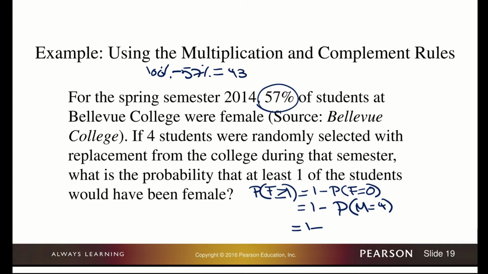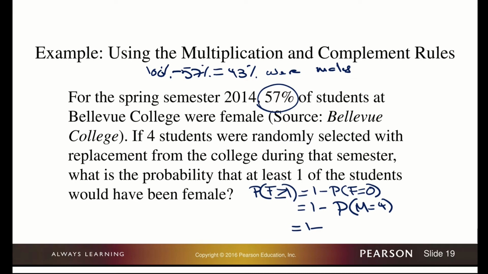This is going to be 43% were males, right? So that means if you randomly pick a student, the probability that the student would be male is 43%, which you can write as 0.43, right? Same thing. What if I ask you, what's the probability that a randomly selected student is female? Well, that would be 57% or 0.57. But right now, we're looking at the probability of 4 males coming in a row.